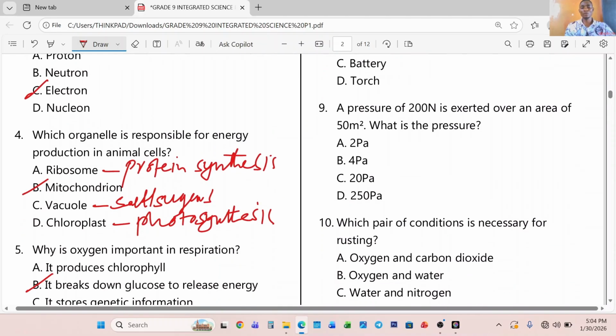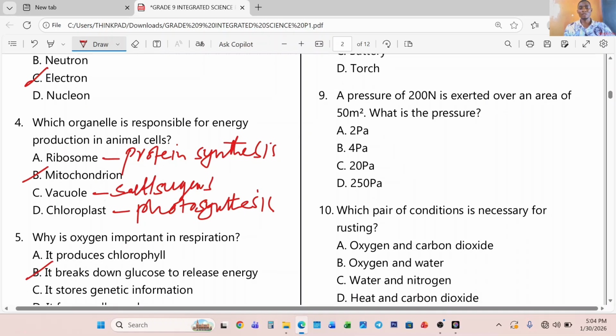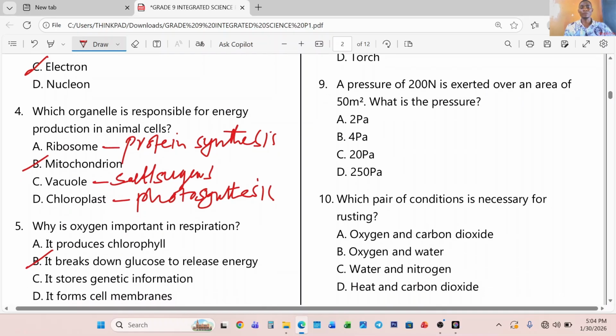Moving to the next question. A force of 200 Newton is exerted over an area of 50 square meters. What is the pressure? So we need to understand that pressure is given by force over area. The force is given in newtons and the units for area is square meters.